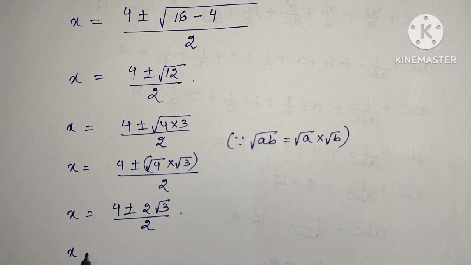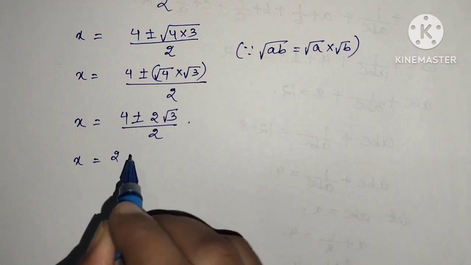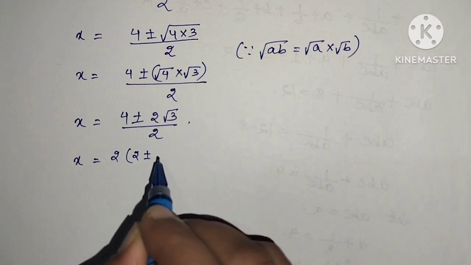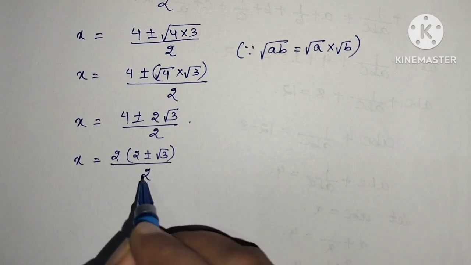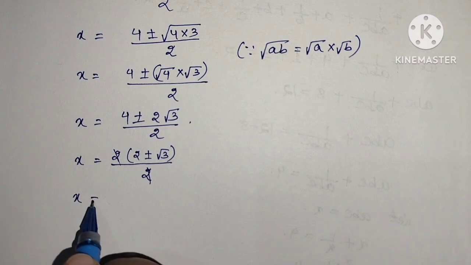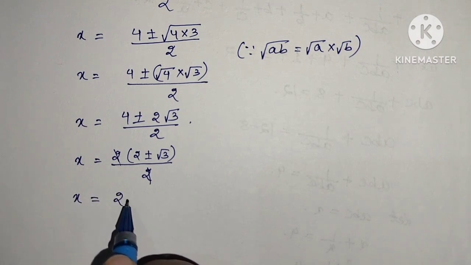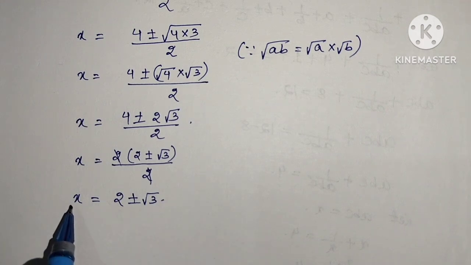Then take 2 common. Then 2 plus minus root 3 divided by 2. Then 2 cancel. Then what is the value of x? X is equal to 2 plus minus root 3. Then we take ABC is equal to x.